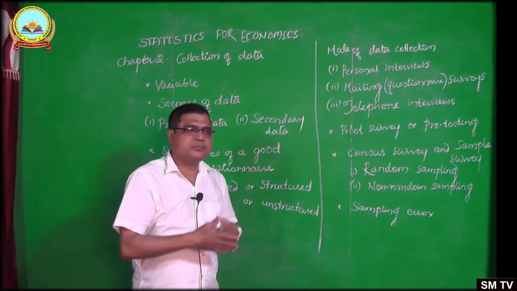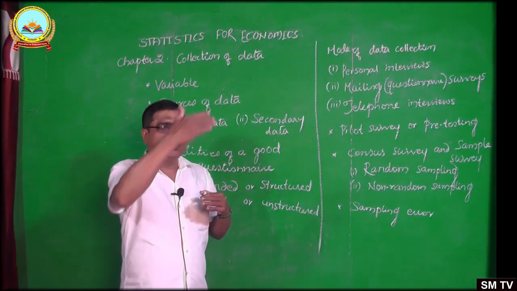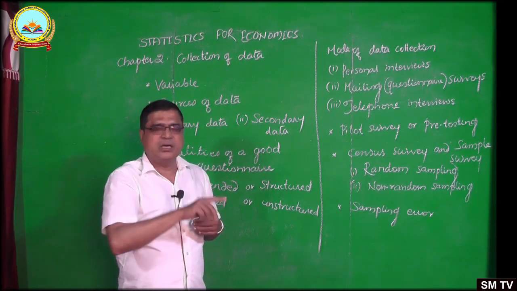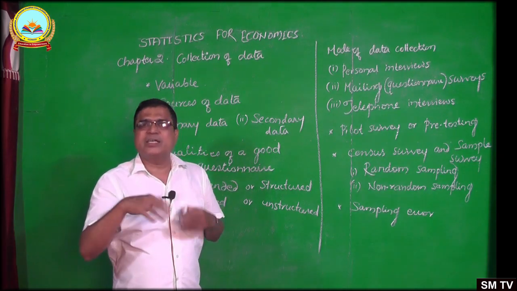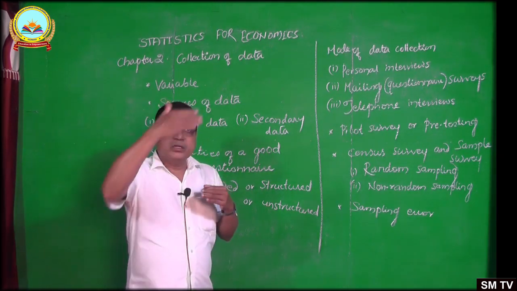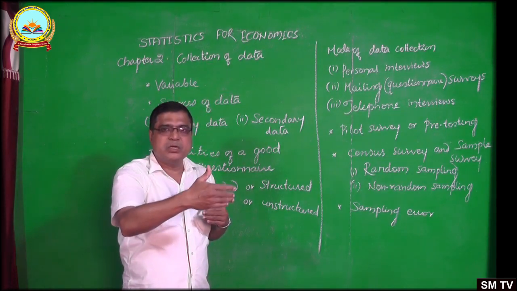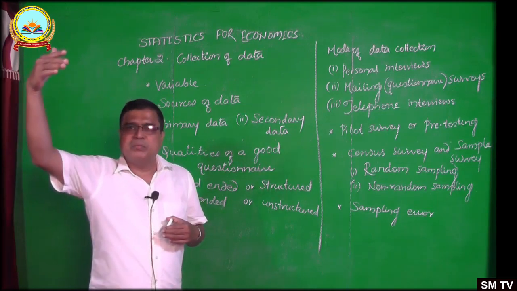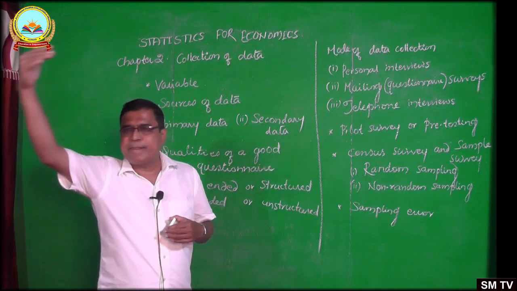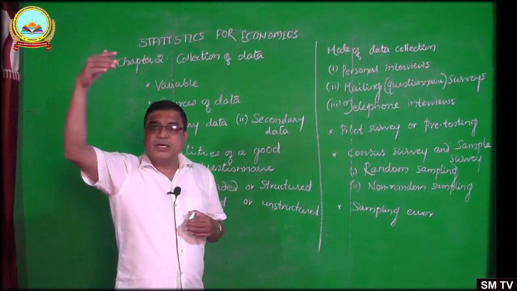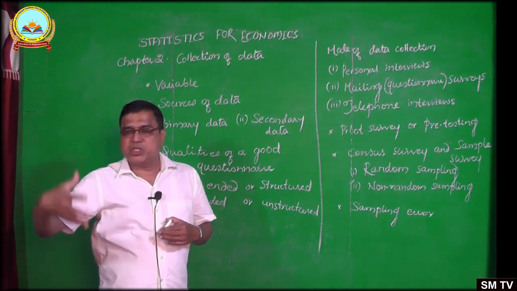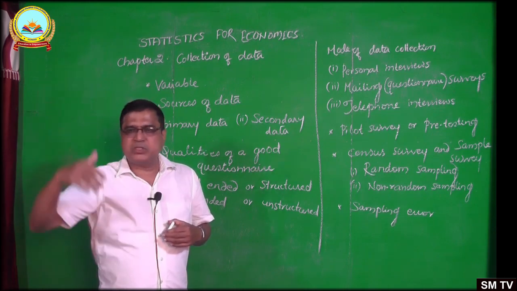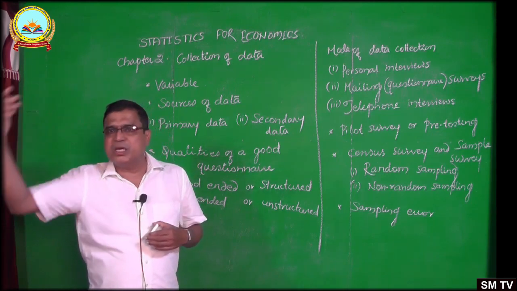The first one is the years, for example 1970, 1980, 1990, 2000, like this. These are the different values of the years. And the production of food grains, in millions of tons, is mentioned in the second column. Now these food grains also vary. The production of the food grains in quantities also varies. They are not constant. They are changing every year.